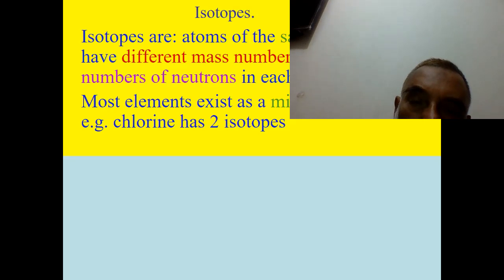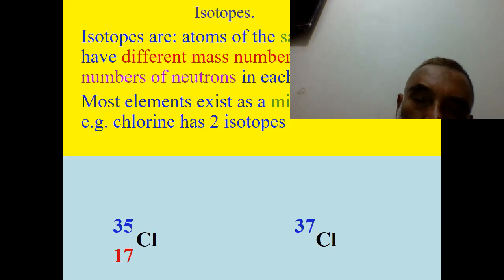We are also acquainted with the term isotopes. Isotopes are atoms with different masses. The mass number of atoms differs due to the presence of a different number of neutrons. Here two isotopes of chlorine are shown.